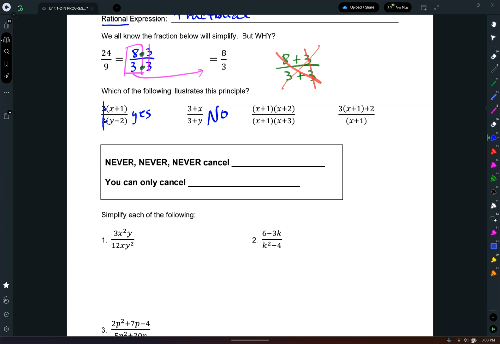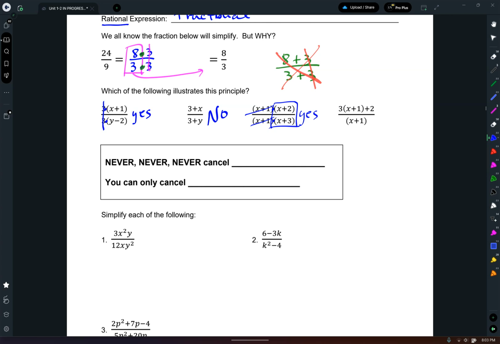On the second one, because these parentheses are being multiplied, it's kind of like two numbers being multiplied. So you can cancel as long as you cancel the entire parenthesis with the entire parenthesis, because that way you're canceling the factors of the factored form. And then your final answer is just what you have left over. So that's a yes.